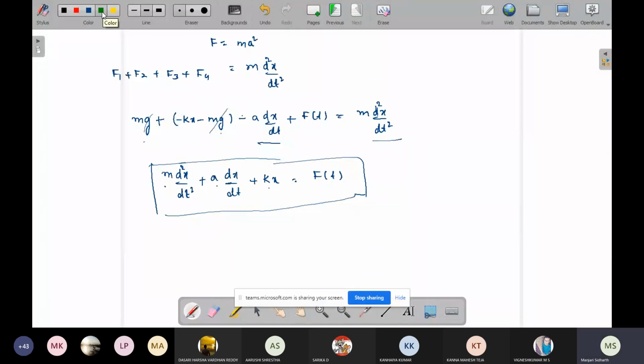Suppose a is 0, you can take the sub cases. Case 1, if a is 0, the motion is called undamped motion. Means there is no resisting force.